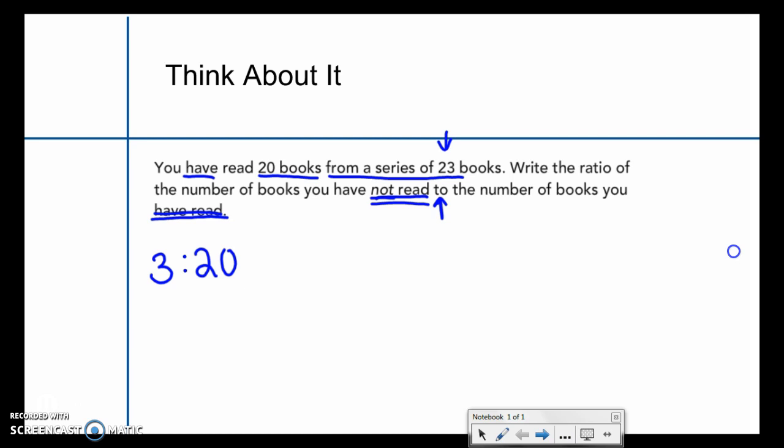Okay? 3 to 20 is our ratio of books we haven't read to books we have read. Now, 3 and 20 do not have a common factor, so that ratio cannot be simplified. 3 to 20 is as low as it can get. Okay, so every 20 books we've read, we haven't read 3 of them. And that's how this ratio right here works.